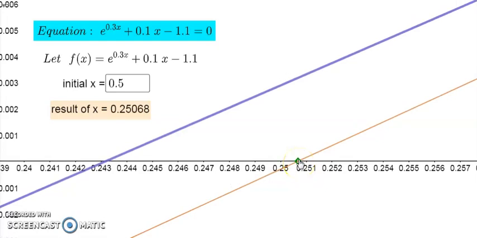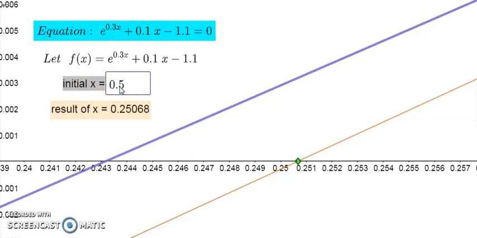What we're going to do next is proceed from this point. We find the corresponding point on the blue curve with the same x value, which is 0.25068. Here I will proceed using the setup, where just now the initial x, the first approximation x1, was 0.5.